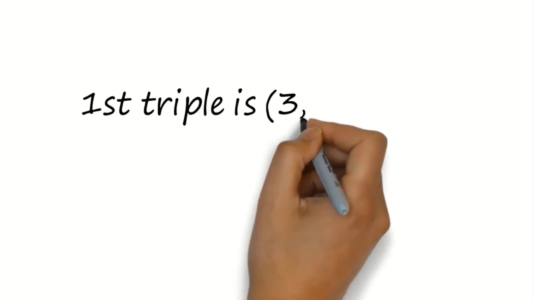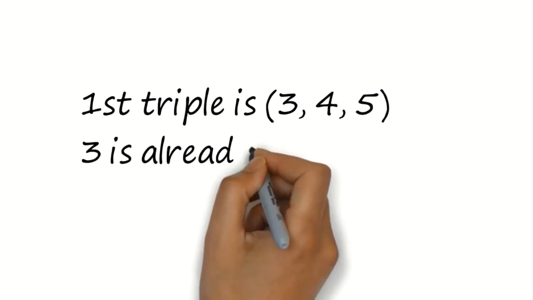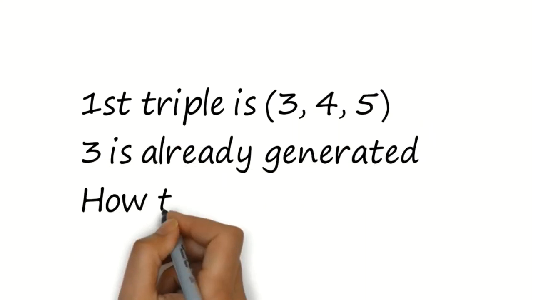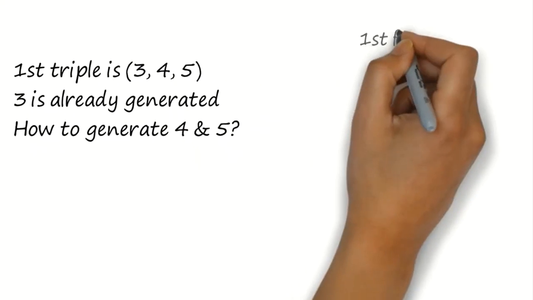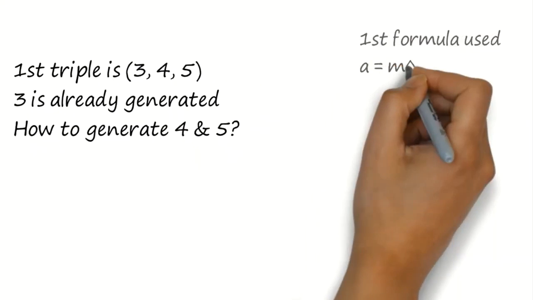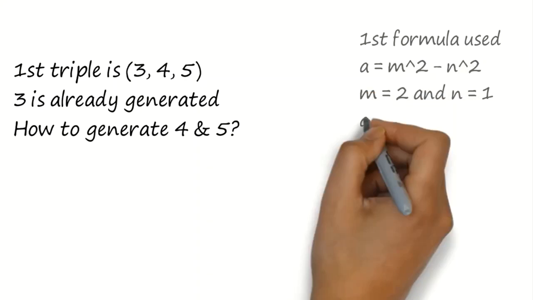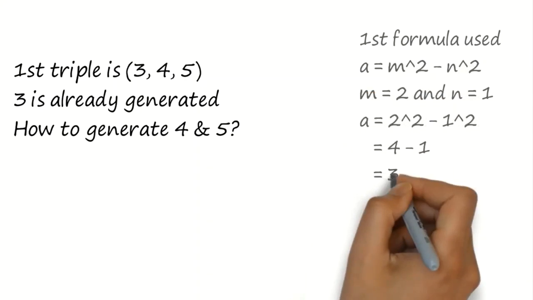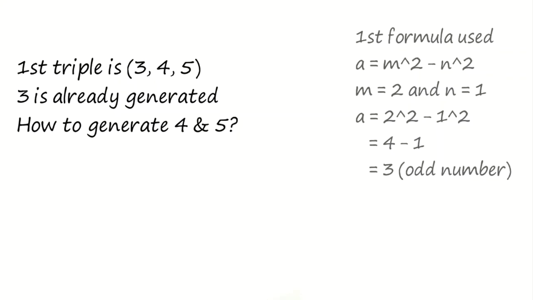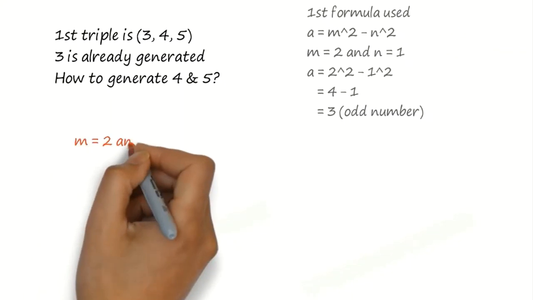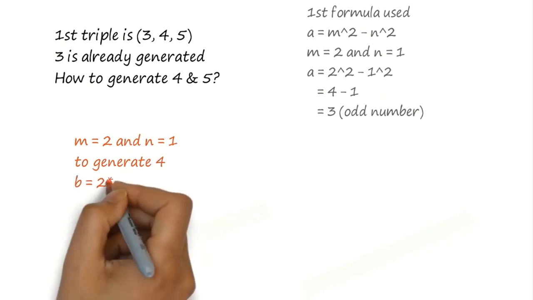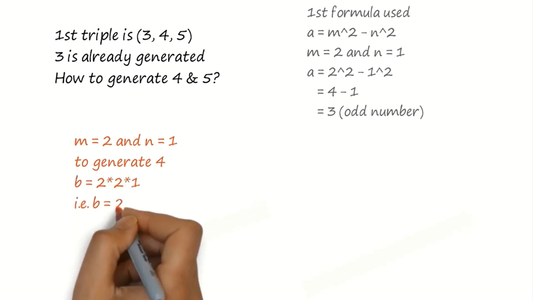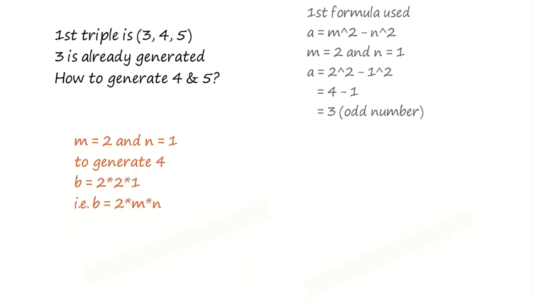Among the first triples, how 3 can be generated we have already discussed. Now our topic of discussion is how to generate 4 and 5. The first formula is the one we used to generate the number 3, which is an odd number. Now, how to generate 4? For m equal to 2 and n equal to 1, I will use the formula b equal to 2 into m into n.